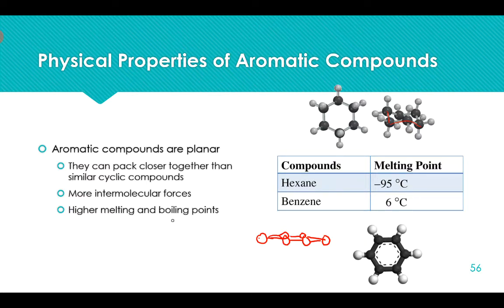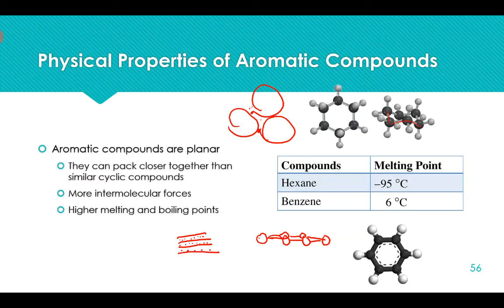Since they can stack together very closely and tightly, there are stronger dispersion forces between molecules of benzene than there are between molecules of cyclohexane. So, fewer dispersion forces. They can only contact each other in a few discrete spots versus these flat molecules where they can attract one another in multiple locations.